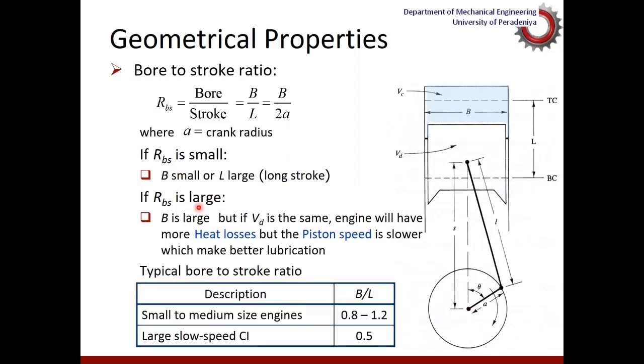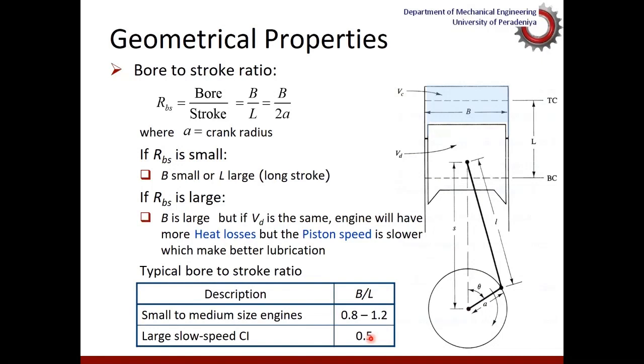And the typical values for bore to stroke ratios of engines, more or less: small to medium size engines is 0.8 to 1.2, and the large slow speed engines 0.5. Like that, people have done a lot of experiments and found that these values need to be kept in certain ranges.